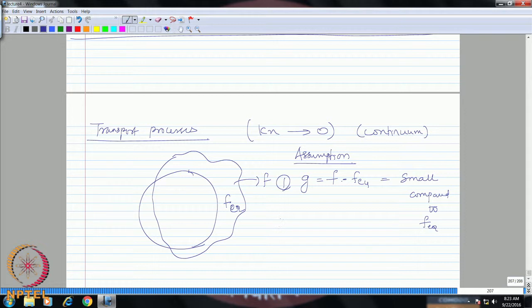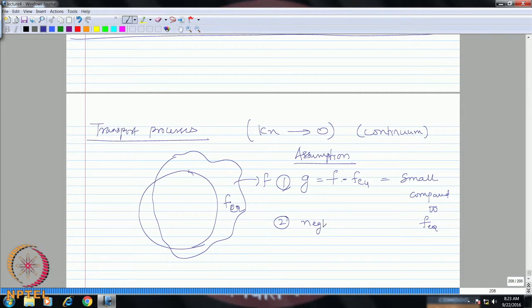So, one of these assumptions is low Knudsen numbers, your deviation from the equilibrium is quite small. The other is that when we solve the transport in the continuum case, such as Fourier's law and Newton's shear stress law, these are all steady state processes. You do not essentially have to consider the change with time. So, we can neglect the transient terms.